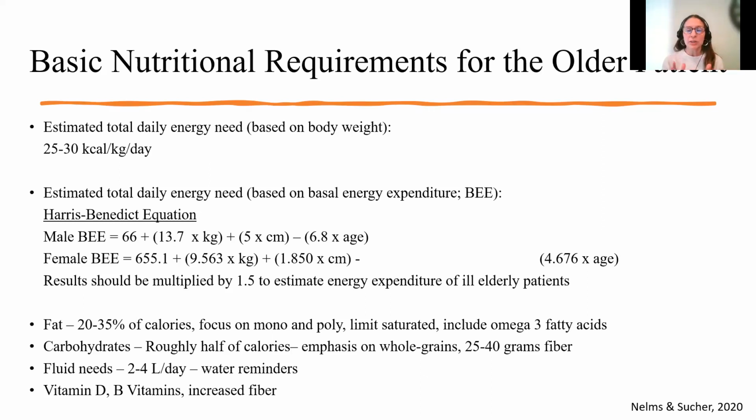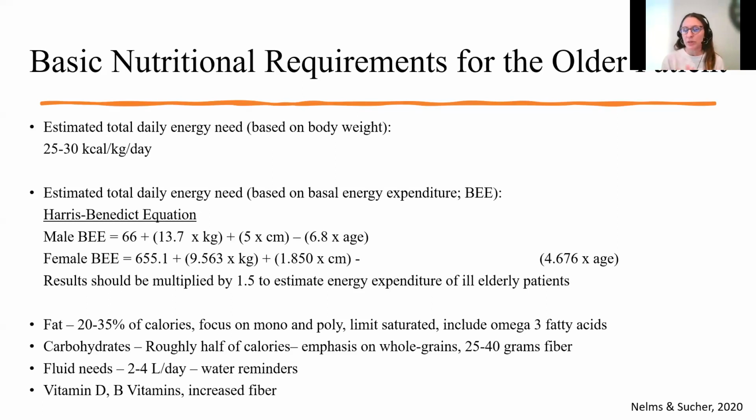With carbohydrates, about half of calories in the general population should come from carbohydrates, with an emphasis on whole grains. When we started processing food back in the late 1800s, this removed the germ and the endosperm from our grains, leaving the white processed food and getting rid of a lot of the good nutrition. So the emphasis is to try to incorporate back in whole grains.